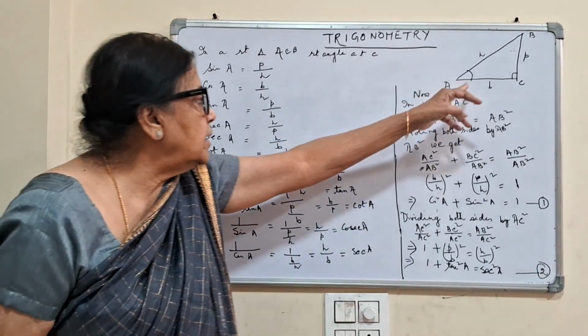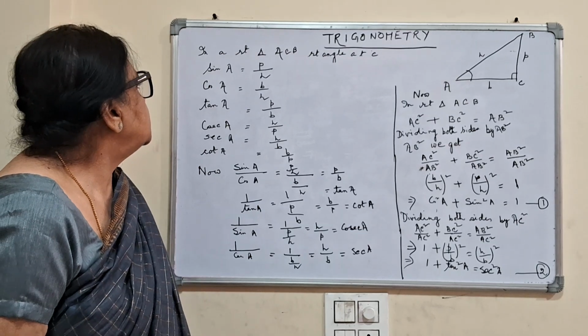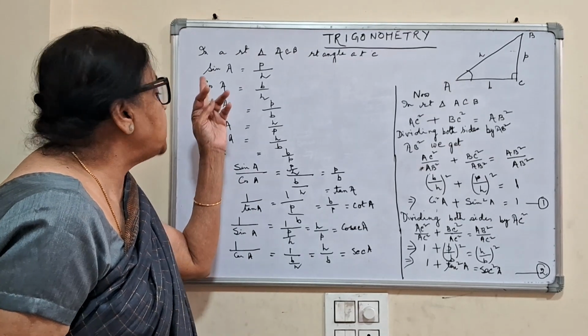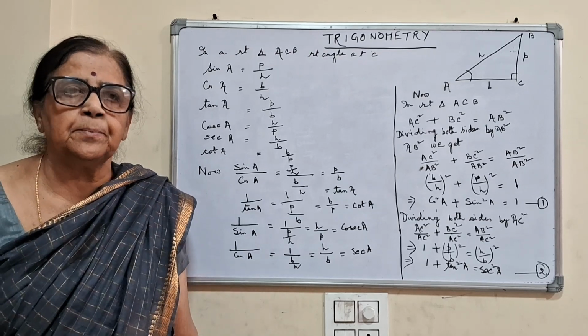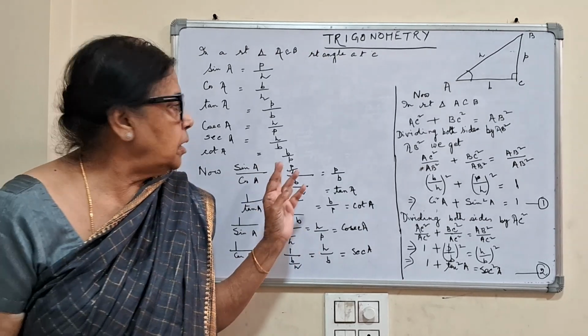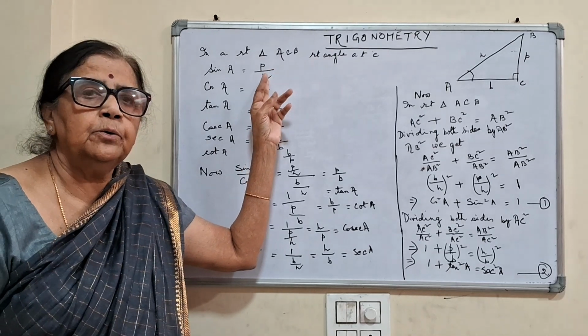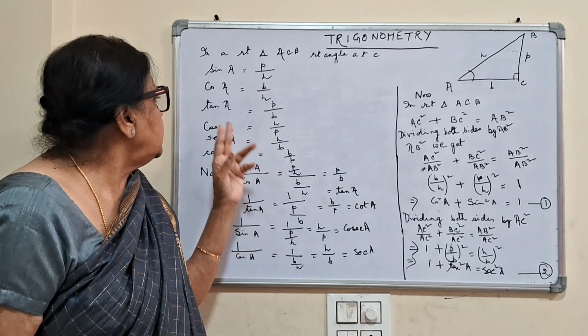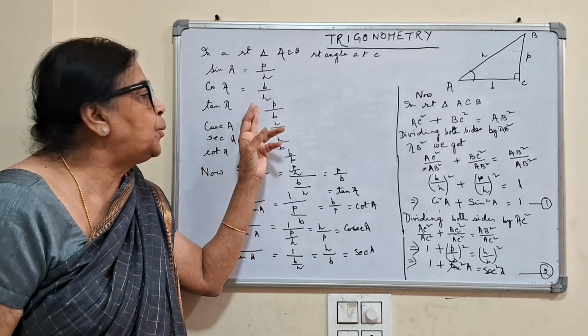This is a right angle at C. So sin A, we have already learned in the last lecture, is perpendicular by hypotenuse. Cos A is base upon hypotenuse.